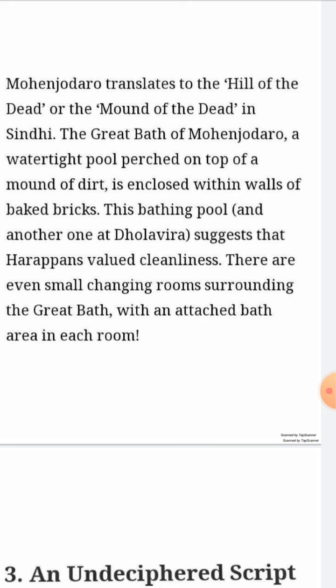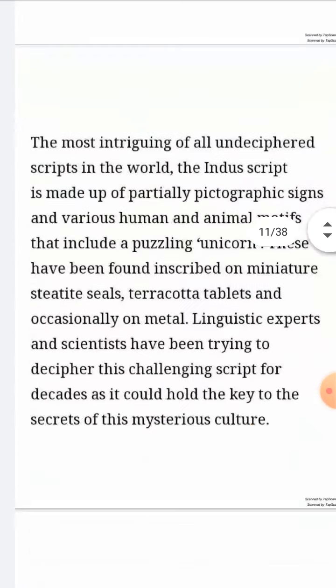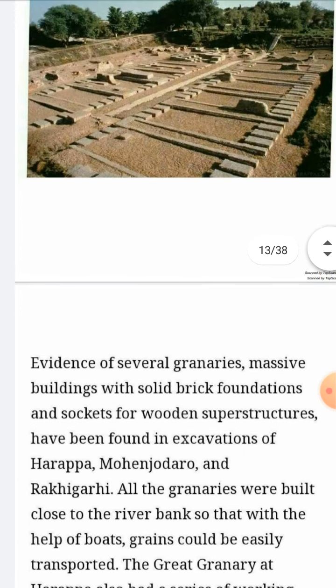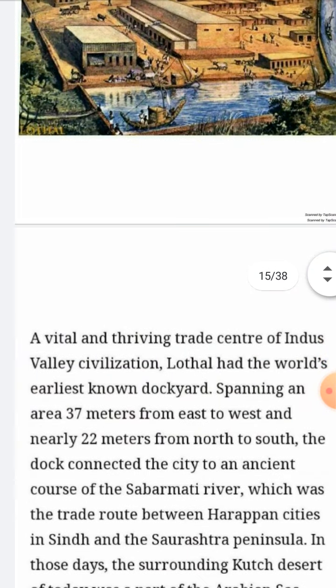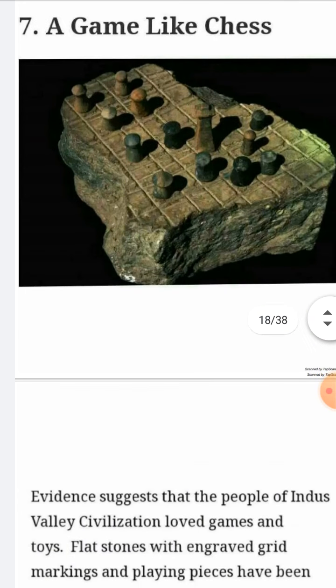There are even small changing rooms surrounding the Great Bath, with an attached bath area in each room. So they were so advanced that they had made the pool, along with small changing rooms. Now let us see other things as well.